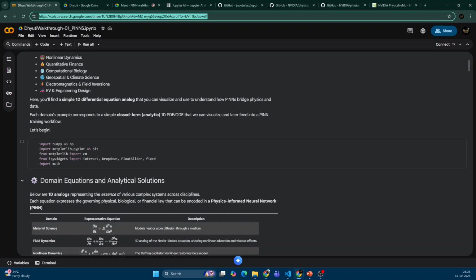Most of these 1D analogs tend to have a closed form or analytical solution that we can visualize and later use to validate how well the PINN does.